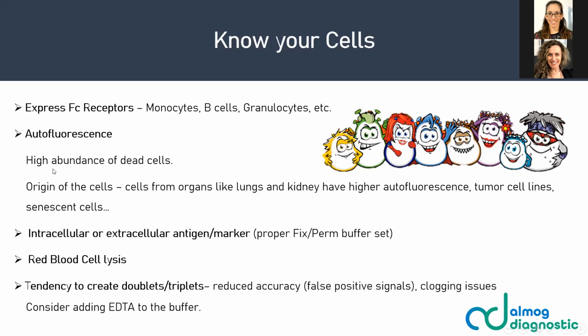So in case of cells that have a higher autofluorescence, we can always choose channels that do not show this higher autofluorescence, if it's possible. If it's not possible and we need to occupy all the channels of our flow cytometer, we need to choose bright fluorochromes in order to distinguish well between the autofluorescent and the positive signal.